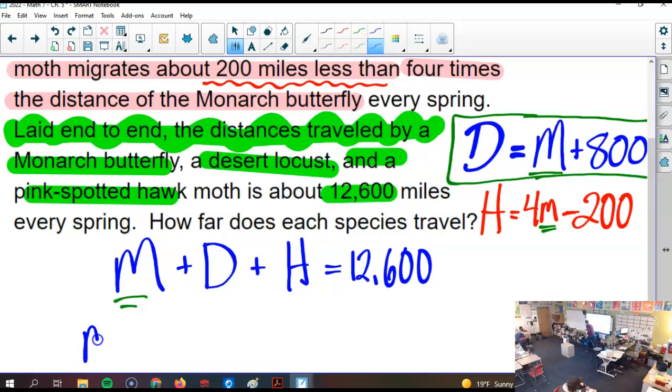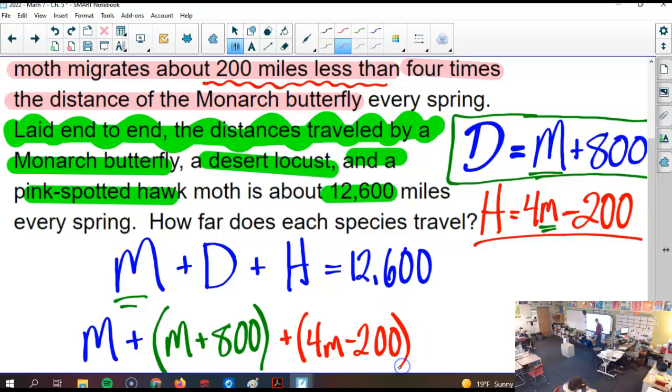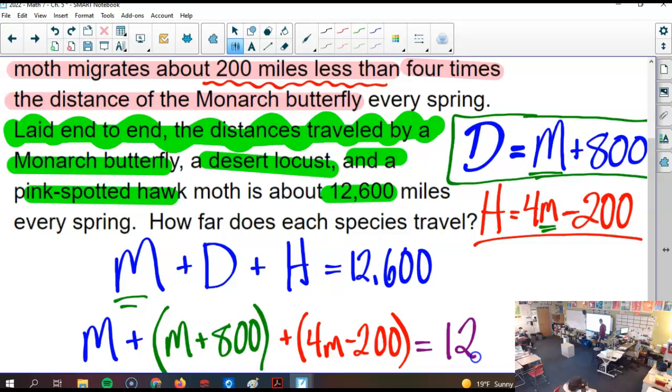So we can write down M plus, but now where I had D, I'm going to write M plus 800. Where we had H, what are we going to write? 4M minus 200 equals 12,600.